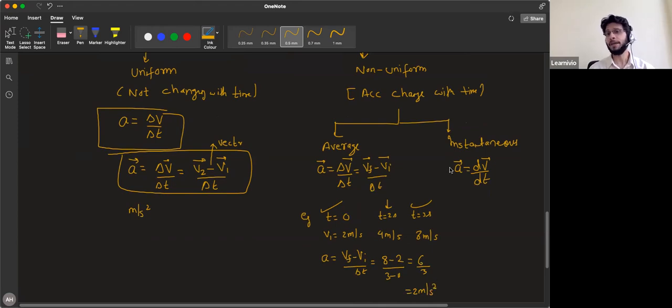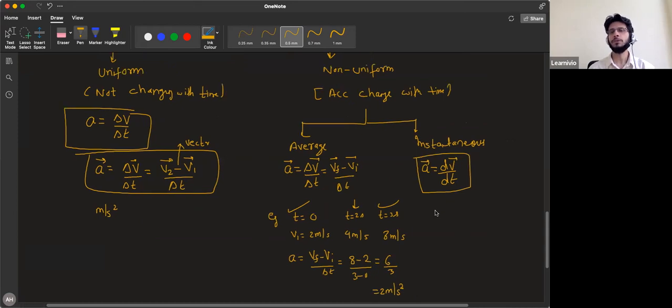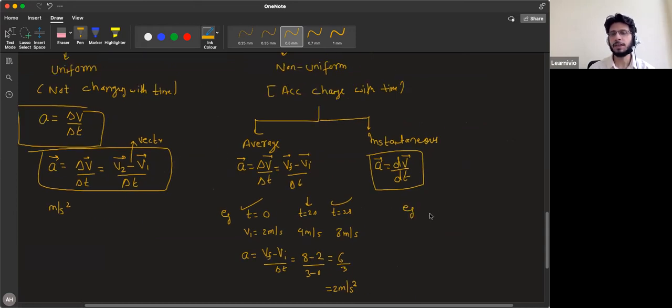This a is dv by dt. This is instantaneous. Like if I give you the equation of velocity, I say that velocity is 3t square plus 2t plus 1, and I ask you to calculate acceleration at t equal to 1 second. So at t equal to 1 second, your acceleration will be dv over dt.